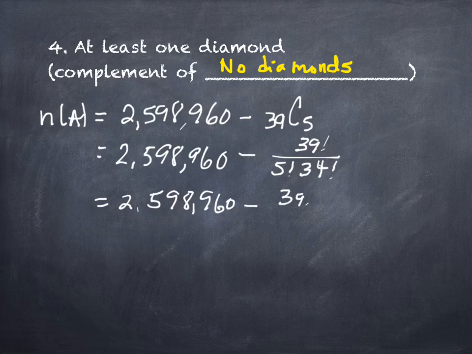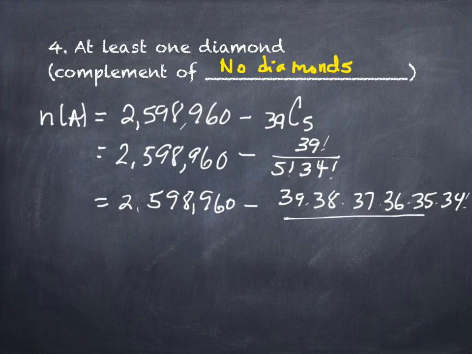All right, 39, 38, 37, 36, and a 34. I have 5, 4, 3, 2, and 1, and I have 34 factorial. Okay, so the goal being first the 34 factorials go away.